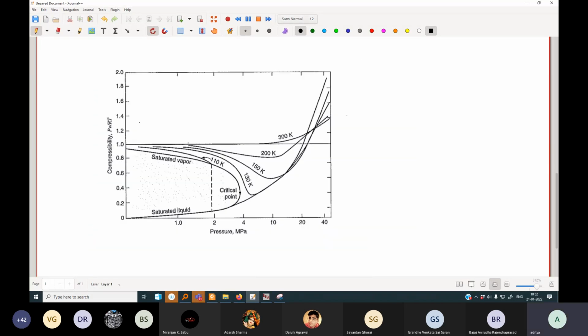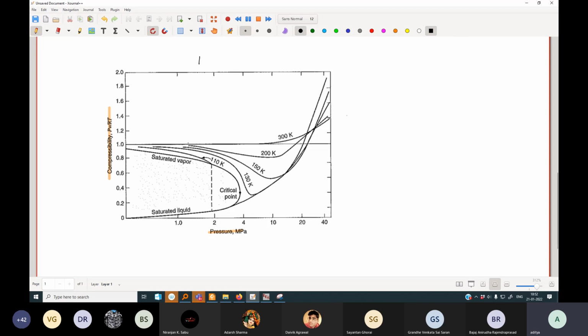So on the y-axis, we have the compressibility factor Z, and on the x-axis, we have the pressure, and different isotherms are also plotted. And this is for nitrogen.